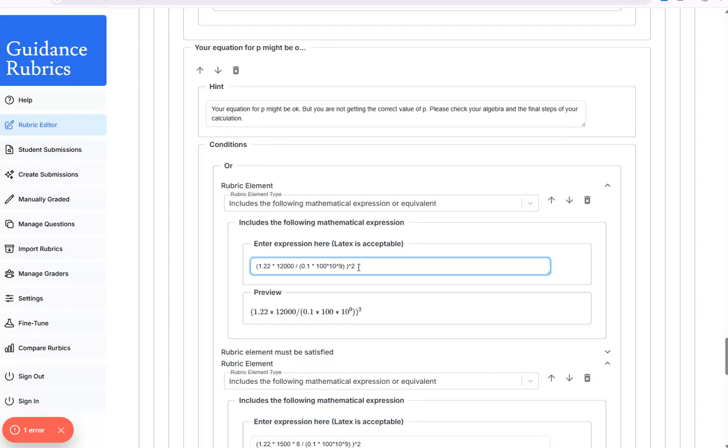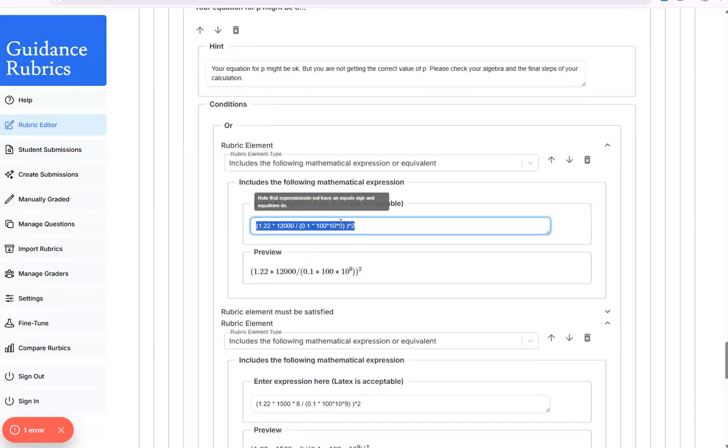LLMs can definitely understand LaTeX, and even when the submission is not in LaTeX, the LLM can figure out if this is in the submission, even if it's represented in regular text or HTML or something. And then we give it an error.